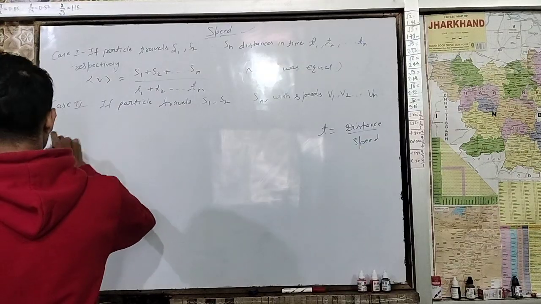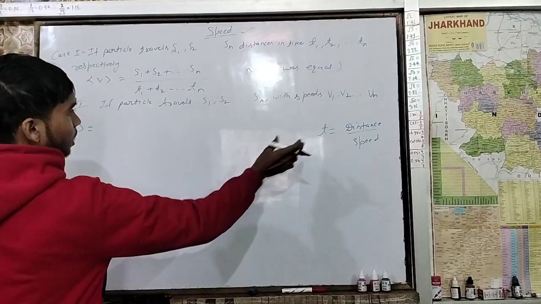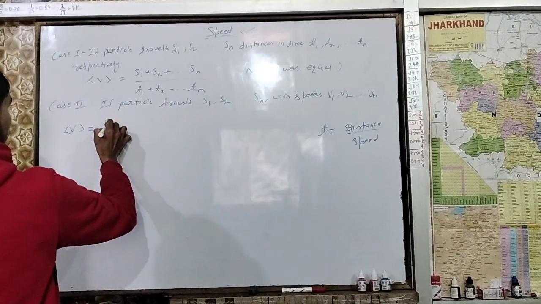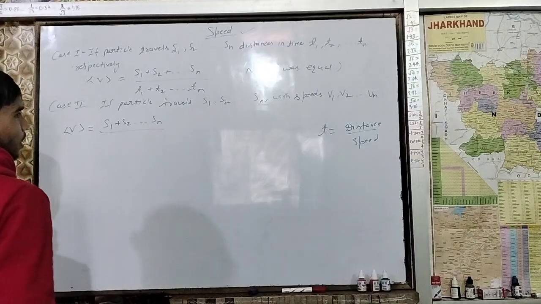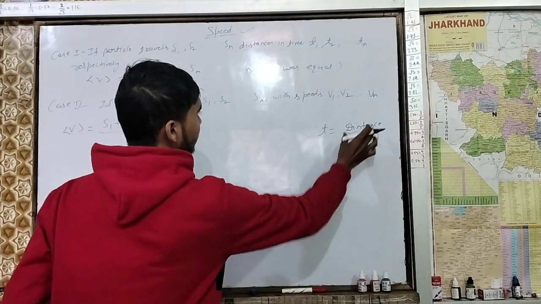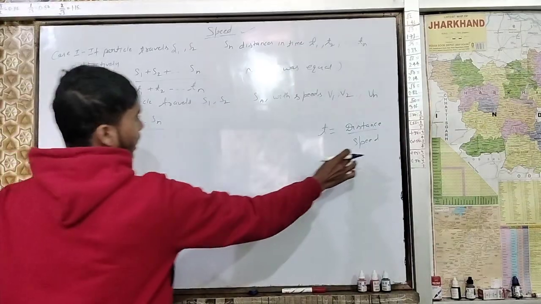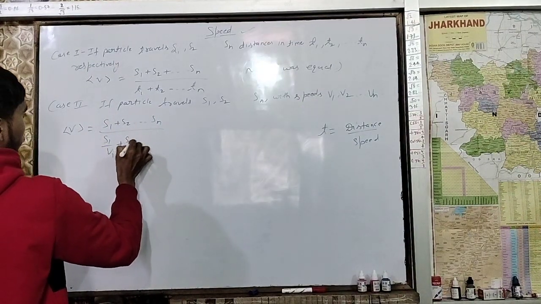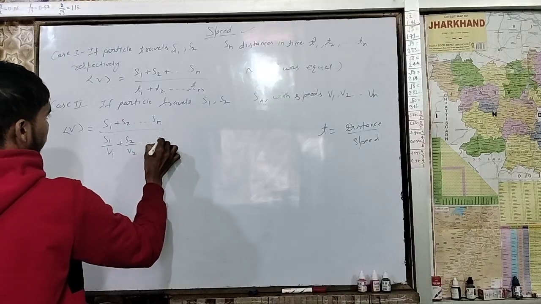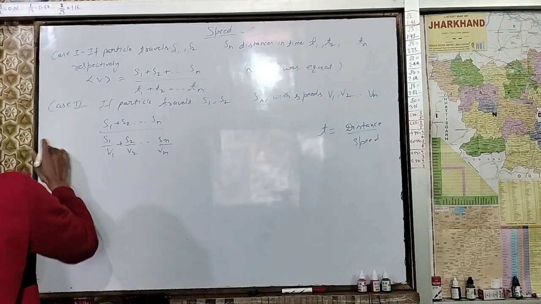So for this case, average velocity will be equal to distance, which is S1 plus S2 till Sn. But when it comes to time, distance is S1 and the speed is v1, v2, v3. Then S2 upon v2 till Sn upon vn. This is what will happen.